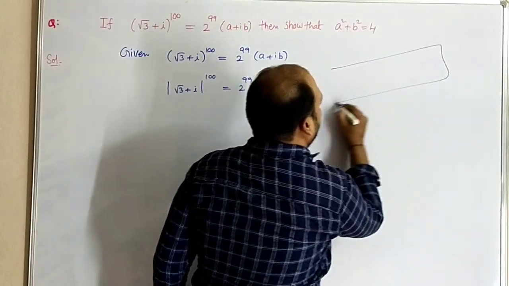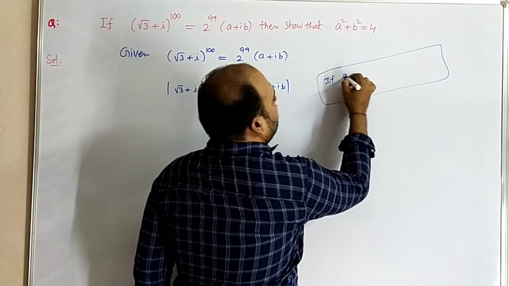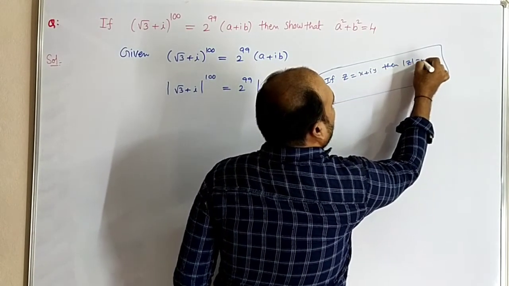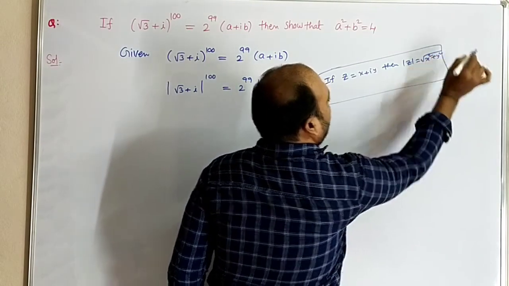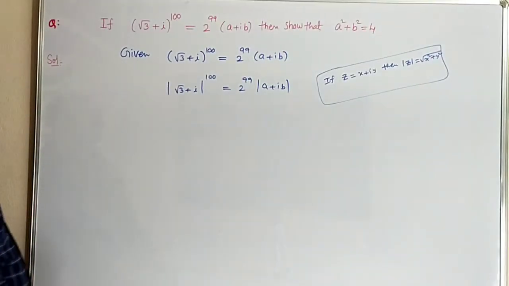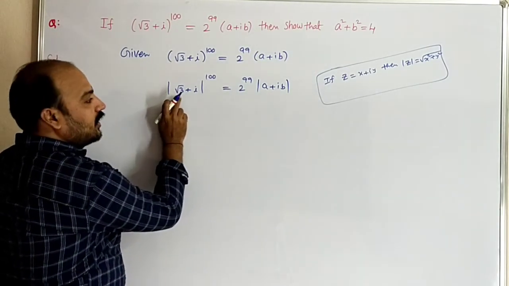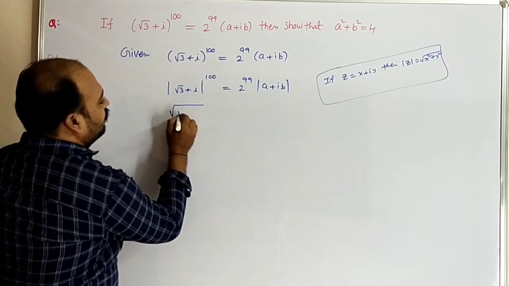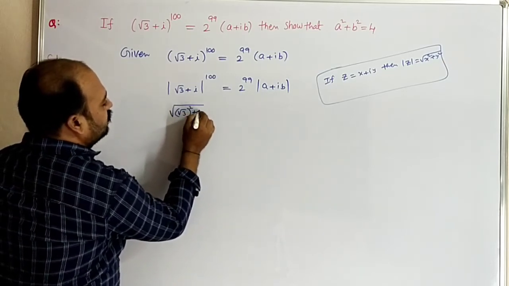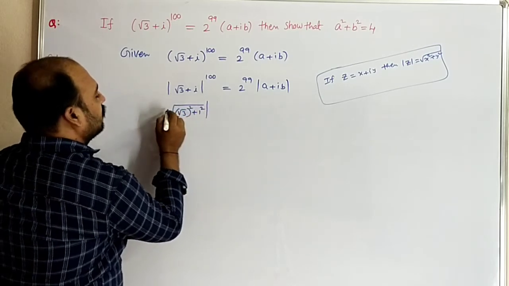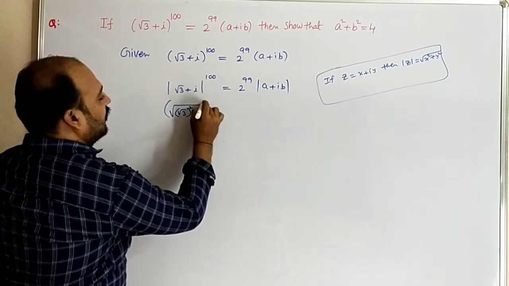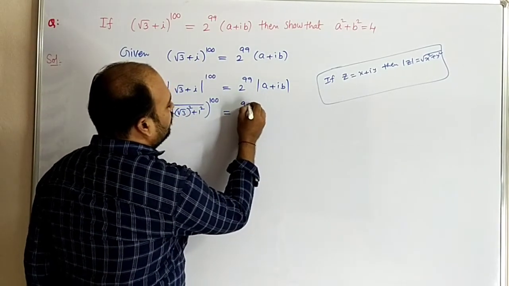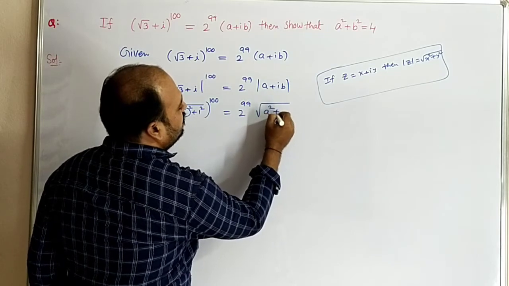We know that if z is equal to x plus iy, then mod z is equal to root of x square plus y square. So here x is equal to root 3 and y is equal to 1. So we can write it as square root of root 3 whole square plus 1 square, whole power 100, is equal to 2 power 99 into square root of a square plus b square.